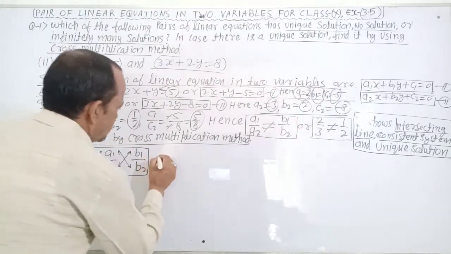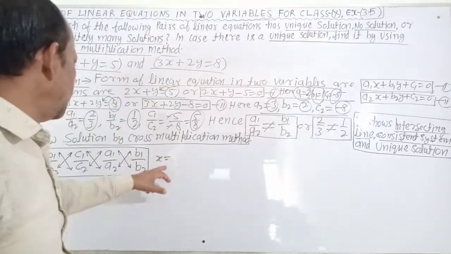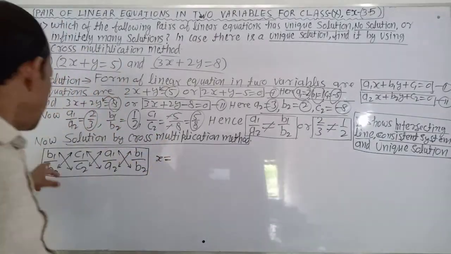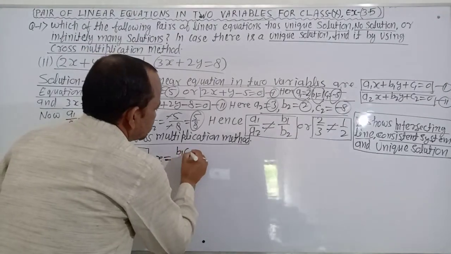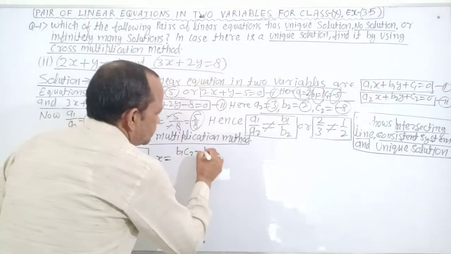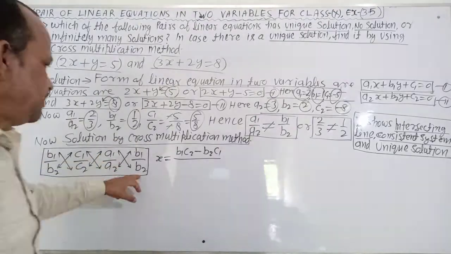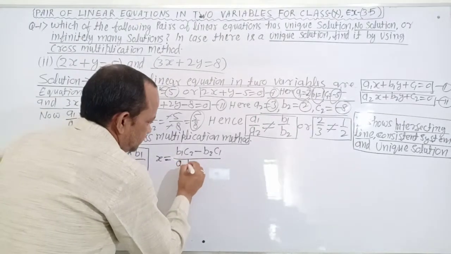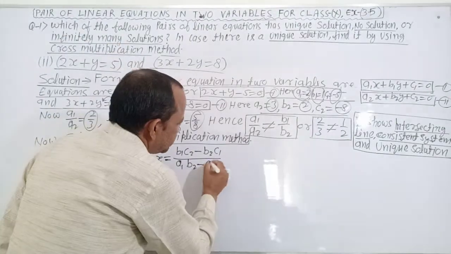x equal to b1 c2 minus b2 c1 upon a1 b2 minus a2 b1.